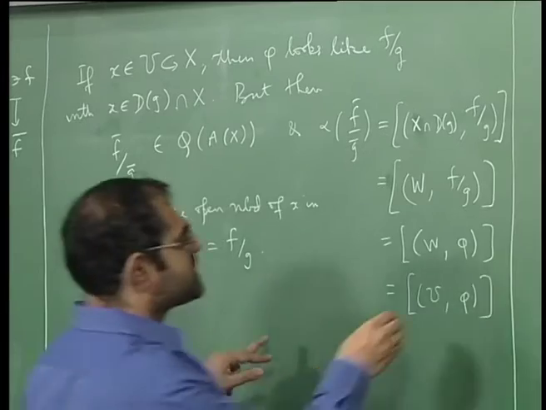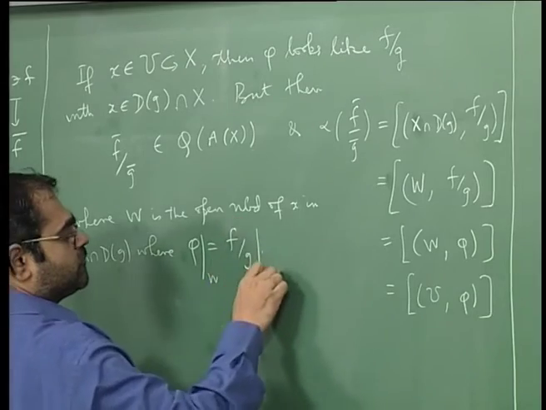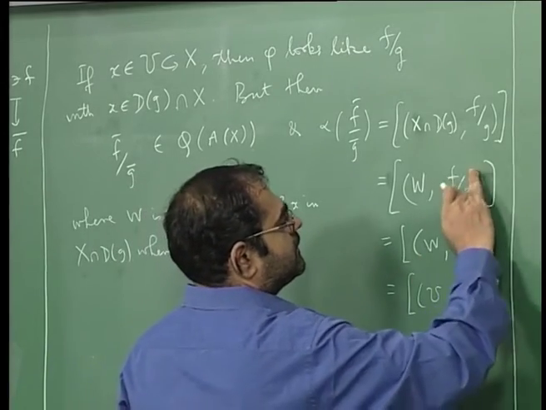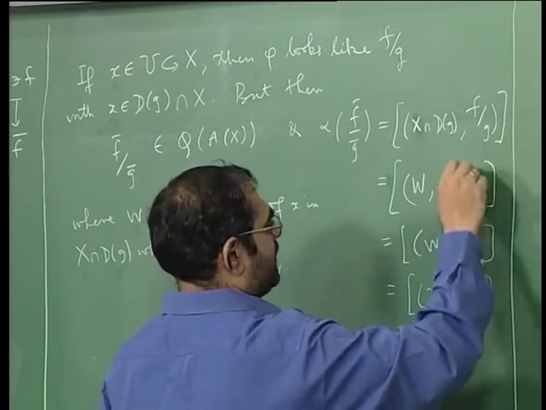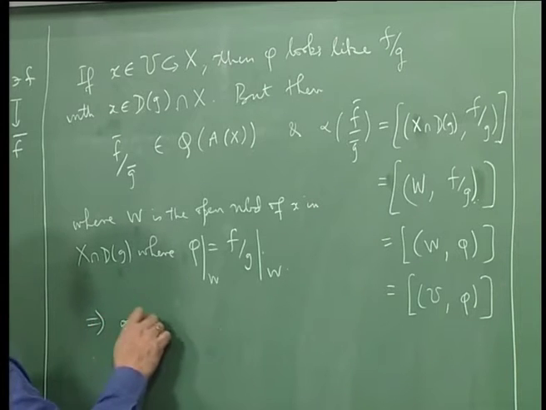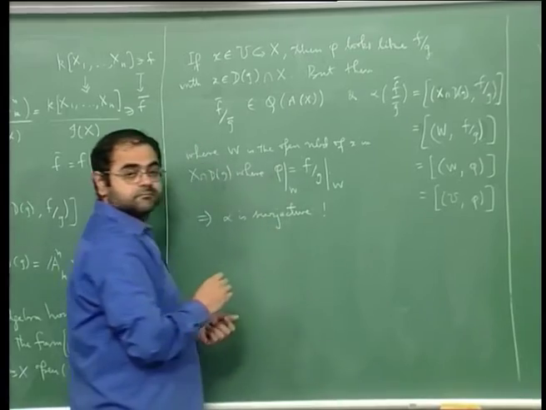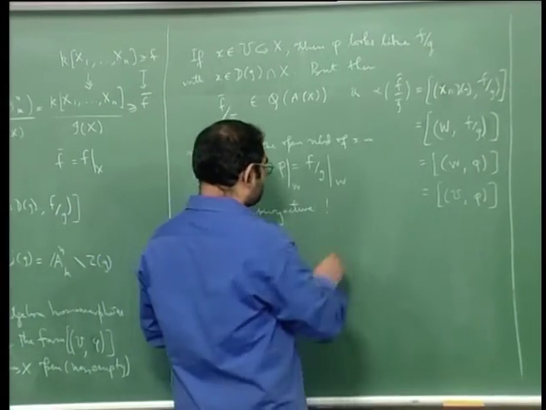This is (W, phi restricted to W), so I should write phi restricted to W. I mean, the restrictions are obvious, let me not write it, okay. So in other words, this implies alpha is surjective, and you are done.